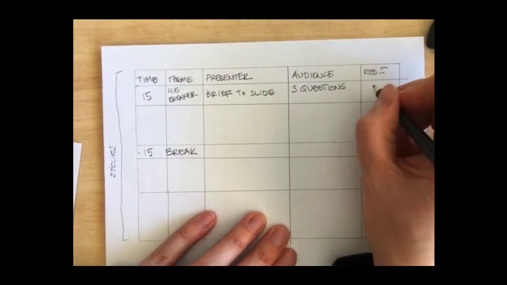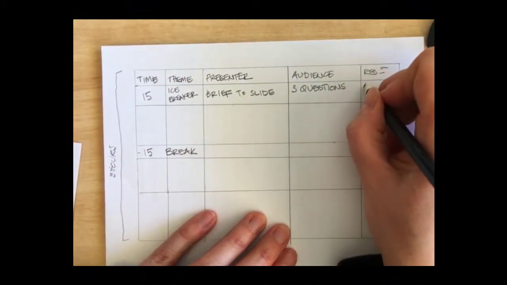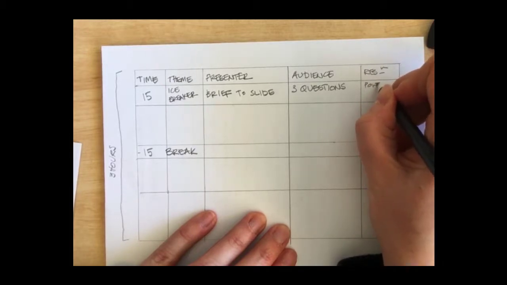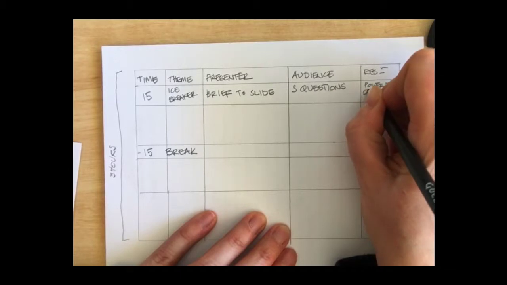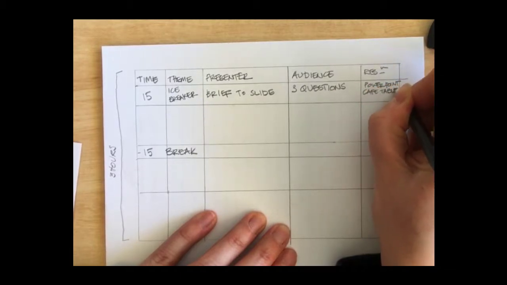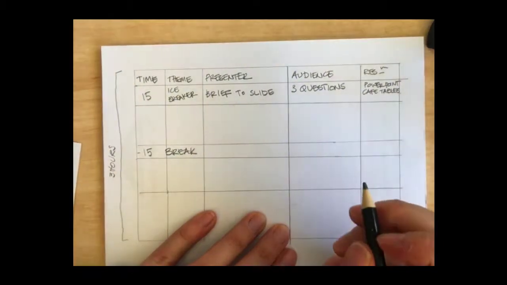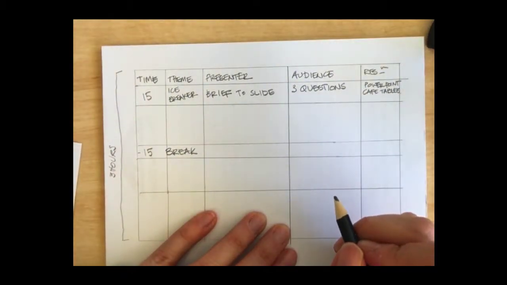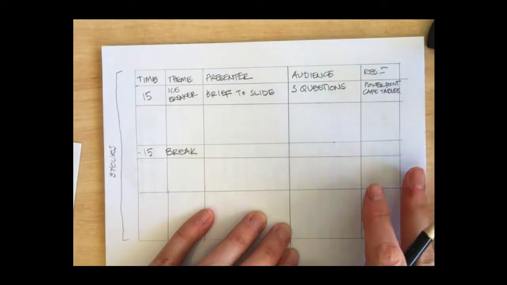So here in my resources place, I'll remember that I need PowerPoint, and I need tables, cafe style. And that's maybe all I need for that particular exercise. Okay, so that gets me started.